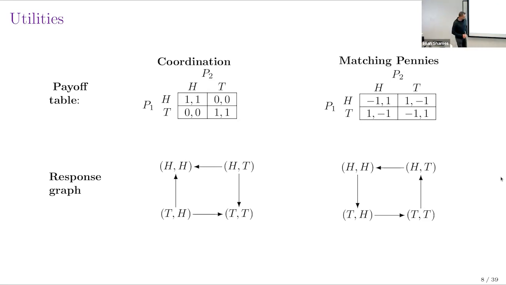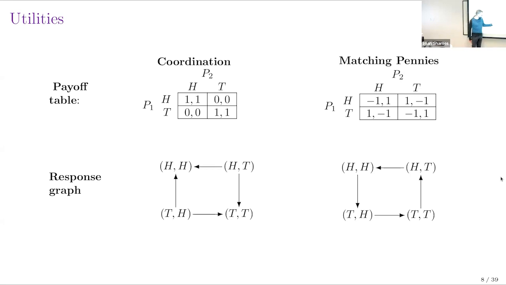Now I'm going to introduce this concept of a response graph. Through these examples, I'm going to give you a construction of these discrete objects. Let's construct a graph whose vertices are all the possible strategy profiles. So there are 4 possible combinations. Let's put them as vertices.